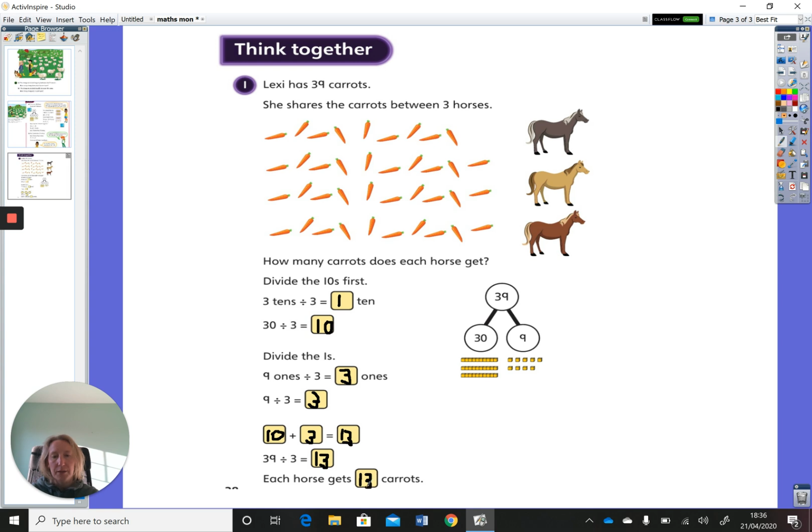Okay, Willow class, I hope that makes sense. What I'd quite like you to do today is to have a go at a few questions. As I said, we're using our 3B maths book today. If you turn to page 27, they've got some example questions. The first one's using apples and baskets.